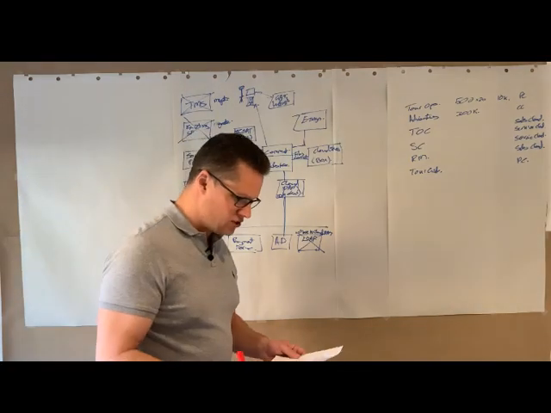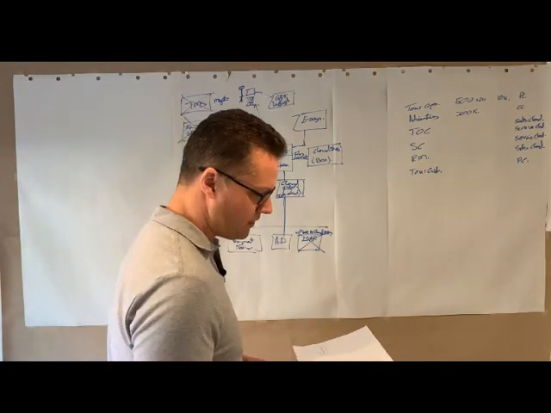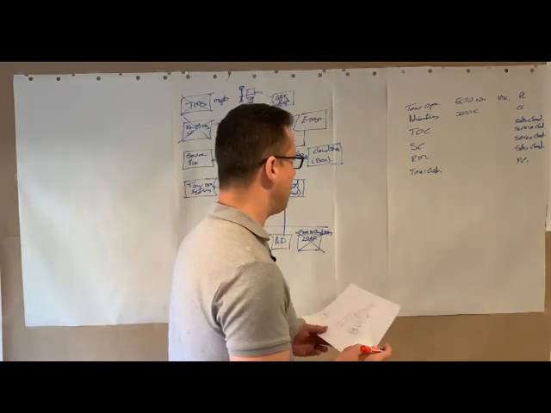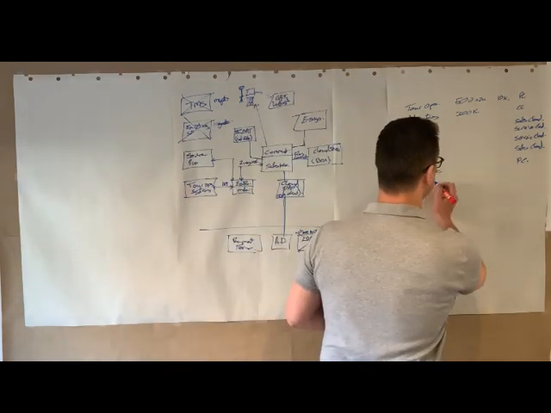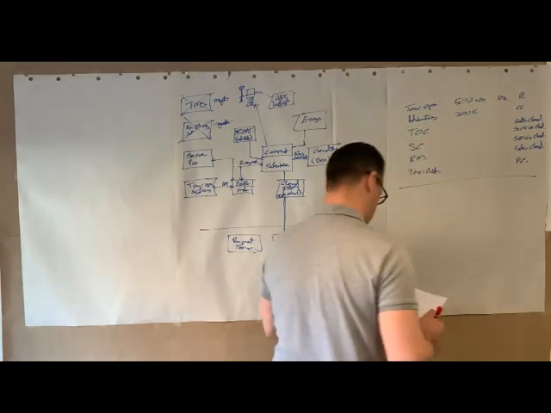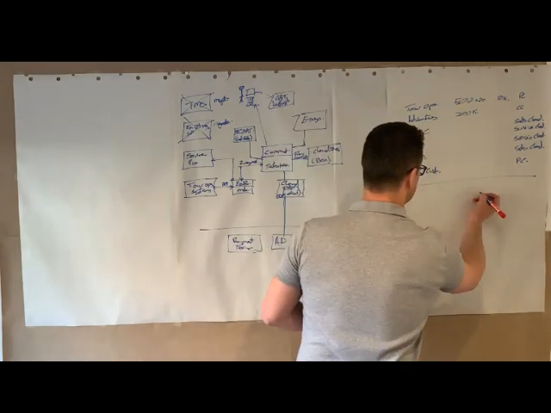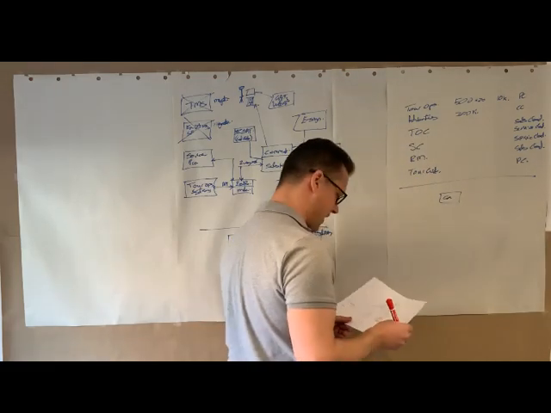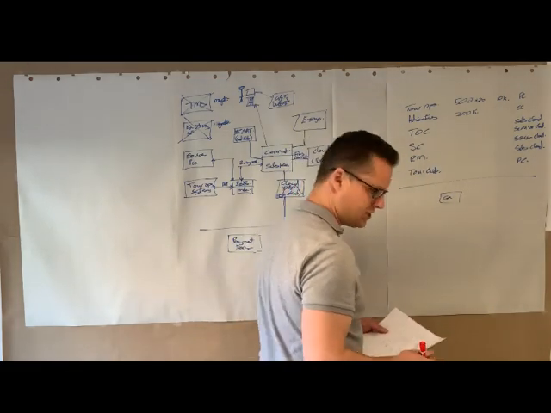If we just return then to our users and the ways in which they'll access Salesforce, if we look at the role hierarchy, at the top we have our regional managers.